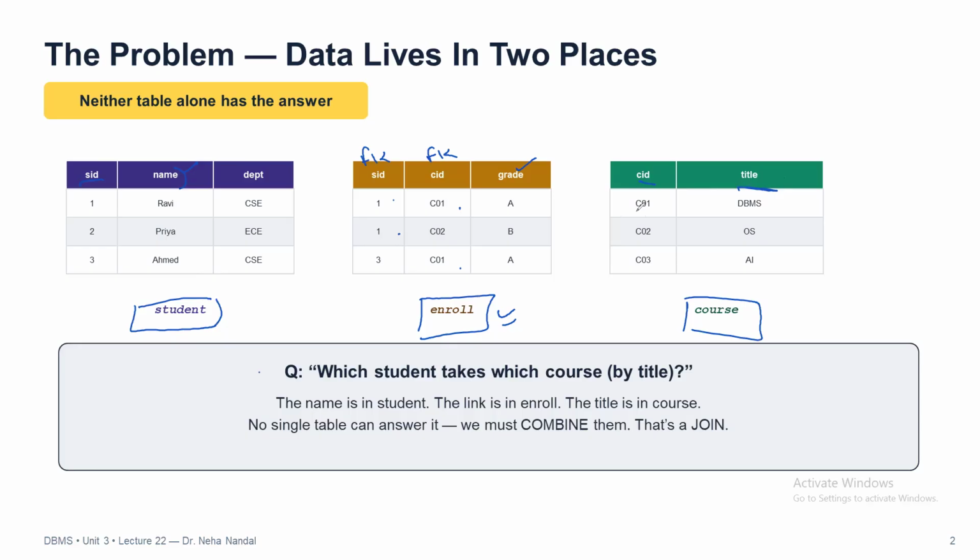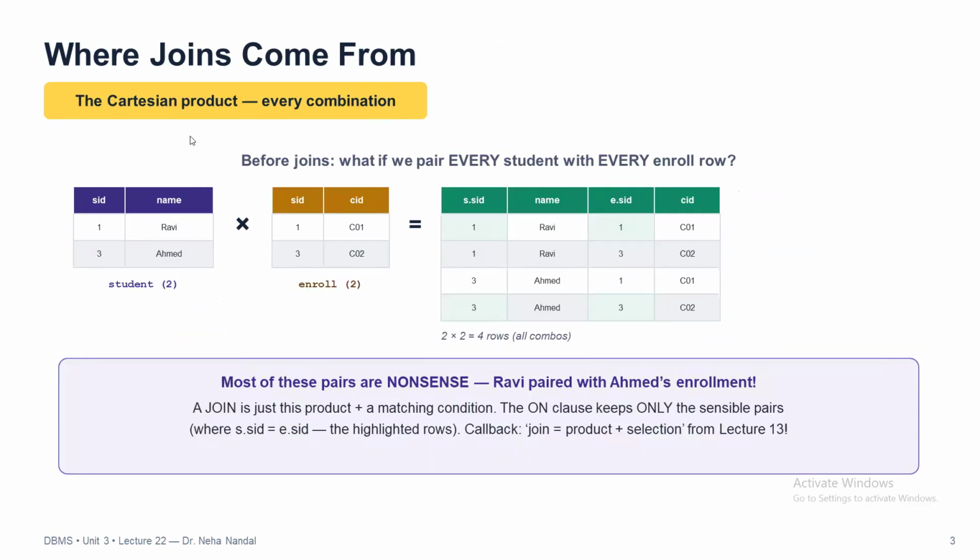First, let us make these three tables. I'll show you these three tables in Workbench also, and we have to combine them. For that we need some concepts, the first main concept of how a join works being the Cartesian product.